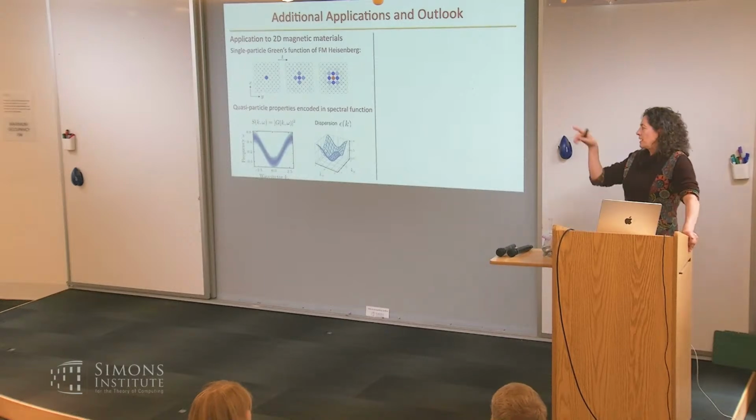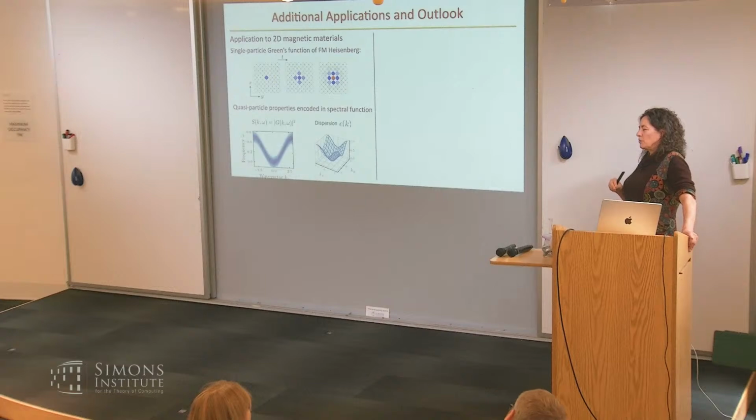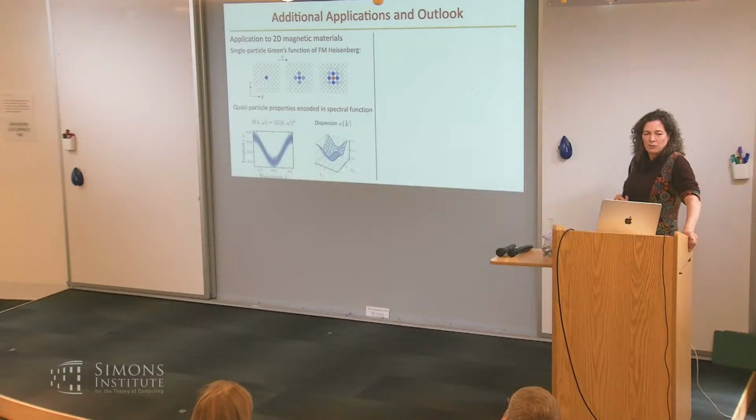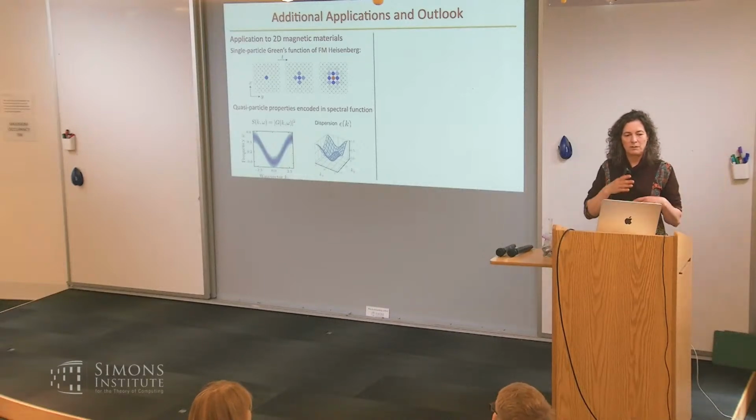So this kind of reference state finding is a priori somewhat non-trivial, and for the problems that I have shown you, it's pretty straightforward, but it's not necessarily straightforward for every single possible problem.